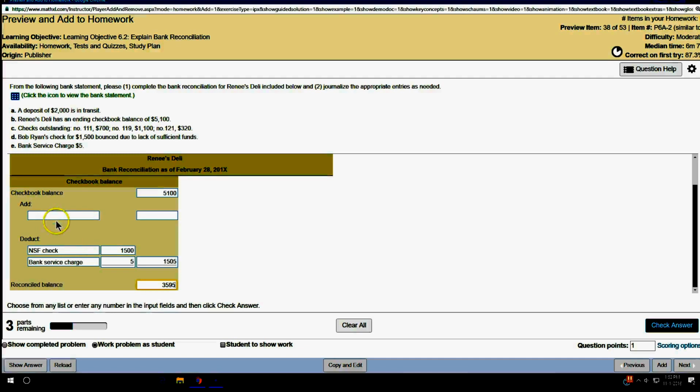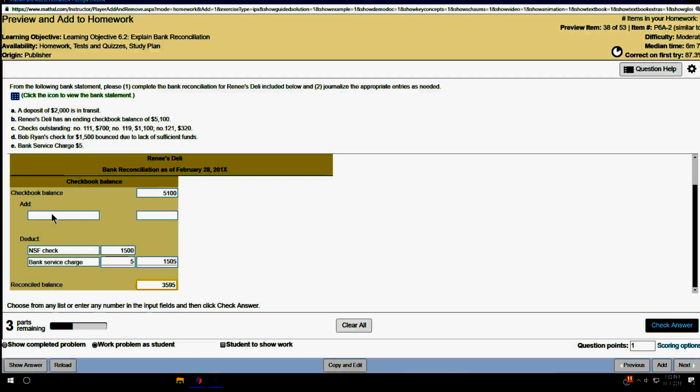Examples of items that would be added would be, for example, if the bank collected a note from somebody that owed us money and deposited it into our account, and then they notify us later, and we don't have that addition, we have to add. If they credited our account for a loan that we took out, they added it to their account and we didn't add it yet, then we have to add whatever the bank added.